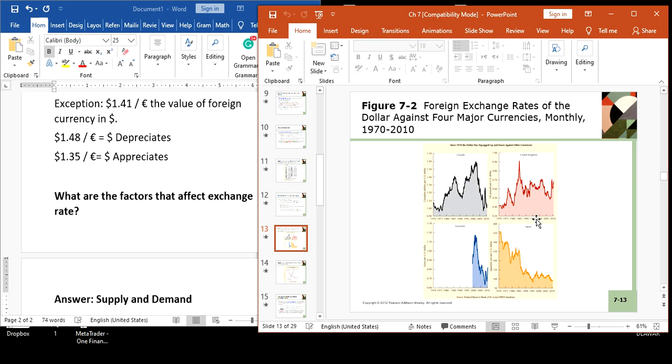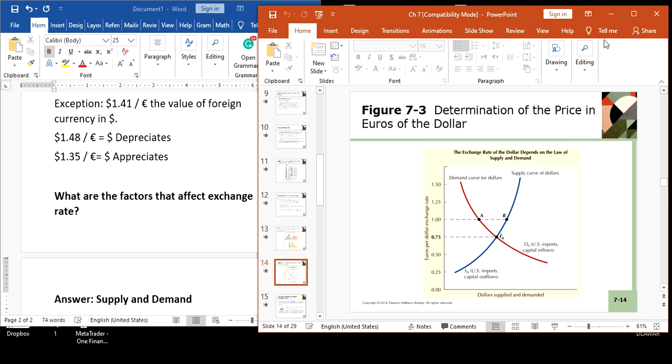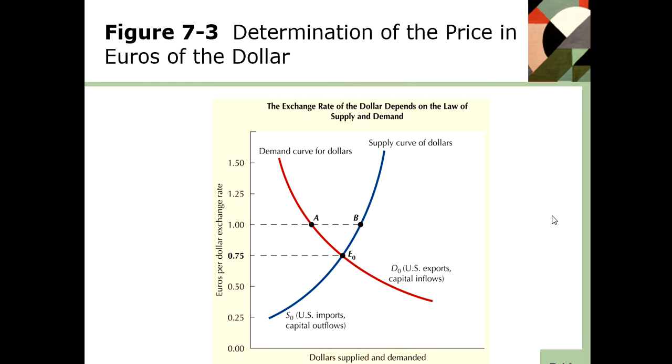Here are some fluctuations, and here is the supply and demand function of the United States dollar currency. Dollar supplied and demanded. This is the quantity and this is the exchange rate of the dollar, in this example euro per dollar. Demand curve, supply curve, wherever they intersect, that specifies the exchange rate.